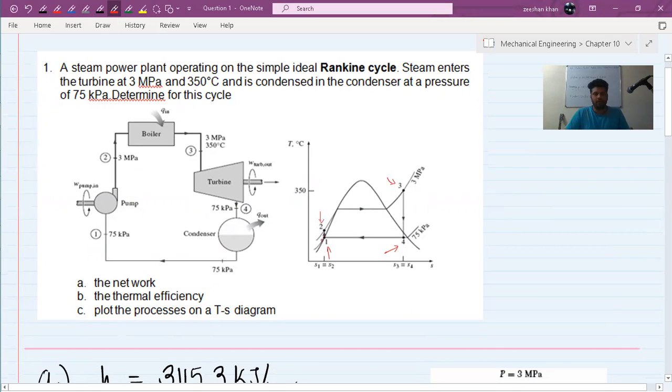If we get the enthalpy at these four states, we can find anything and everything that they ask for.